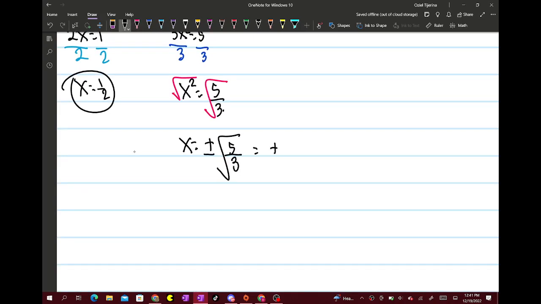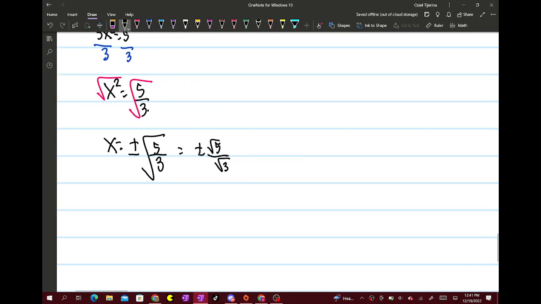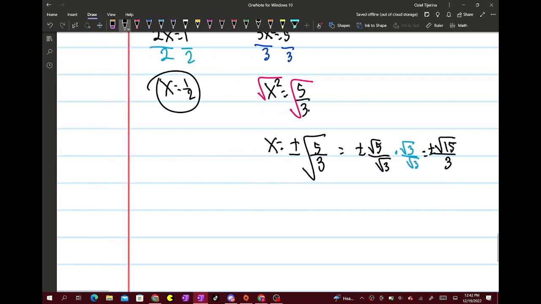This is equal to plus or minus the square root of 5 over the square root of 3. Really, we would rationalize the denominator, so times the square root of 3 on top and bottom. And this would be the square root of 15 over 3, plus or minus. So x would be plus or minus square root of 15 over 3.